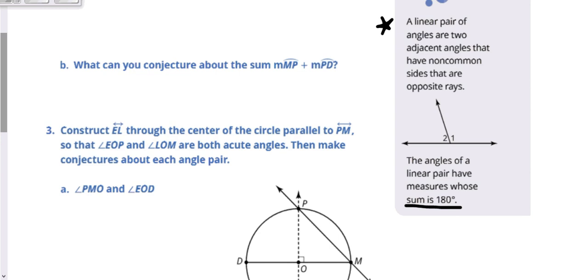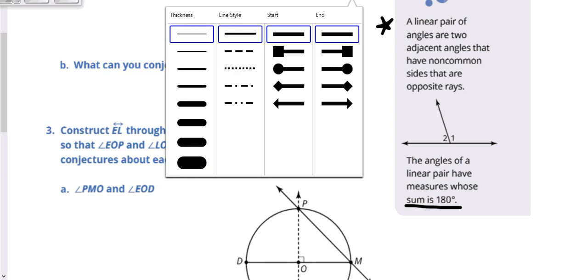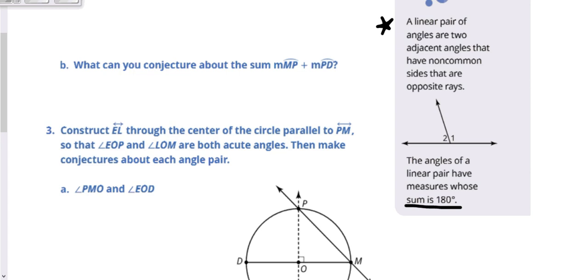So they have to have an adjacent side, or a shared side, it's sometimes called. So this one is called the shared side, and that's why they're adjacent, where their non-adjacent sides are opposite rays. So they kind of go off in opposite directions there.